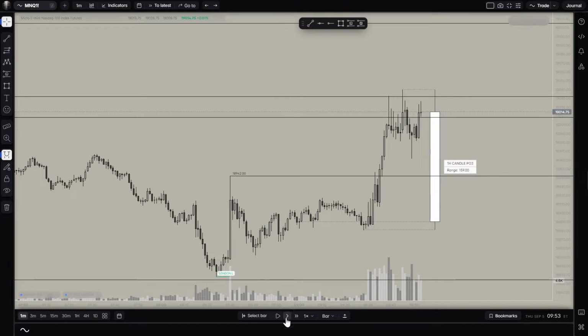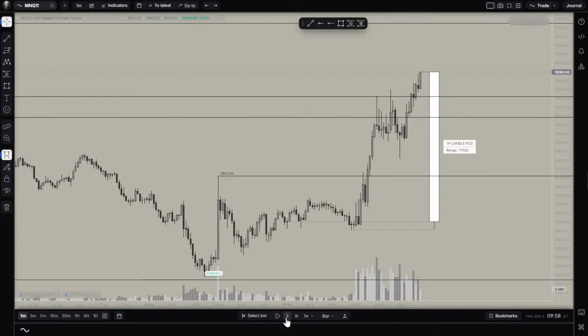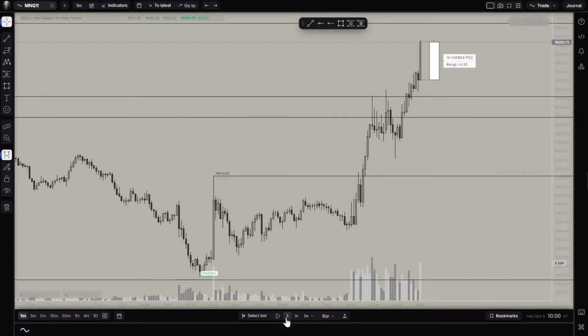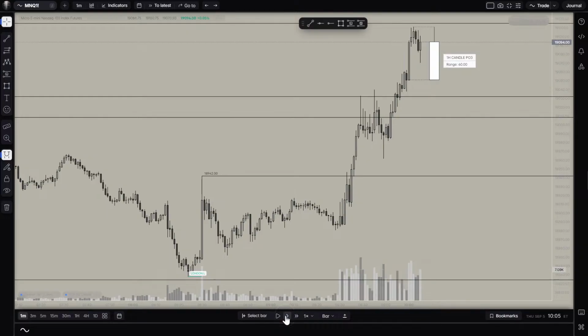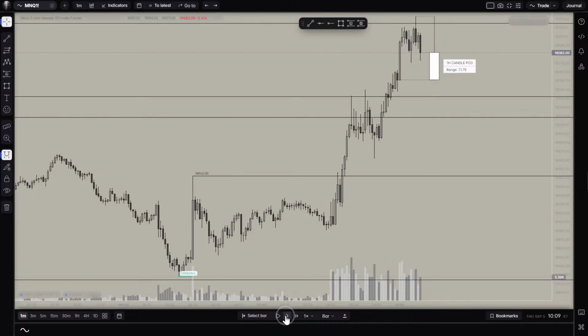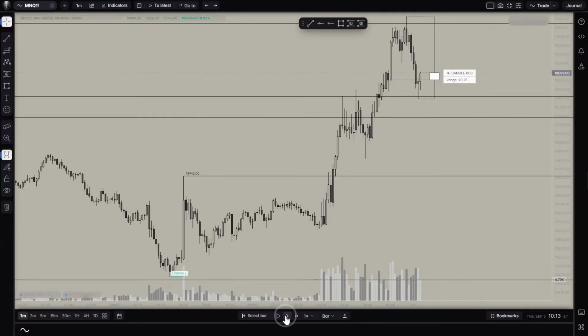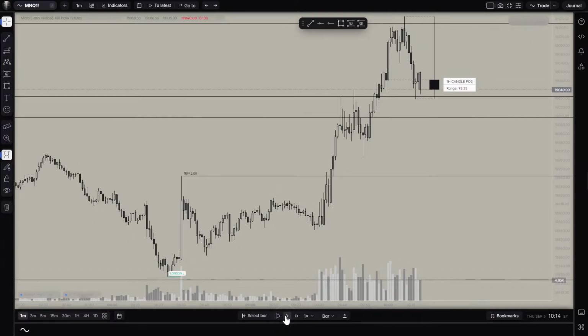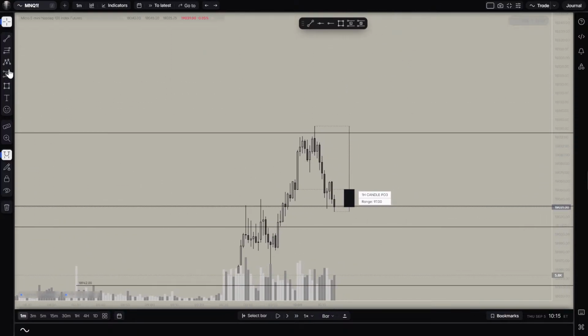Let's see. 10M opens right now. Again manipulates to the upside. Okay. Can we get this inversion?